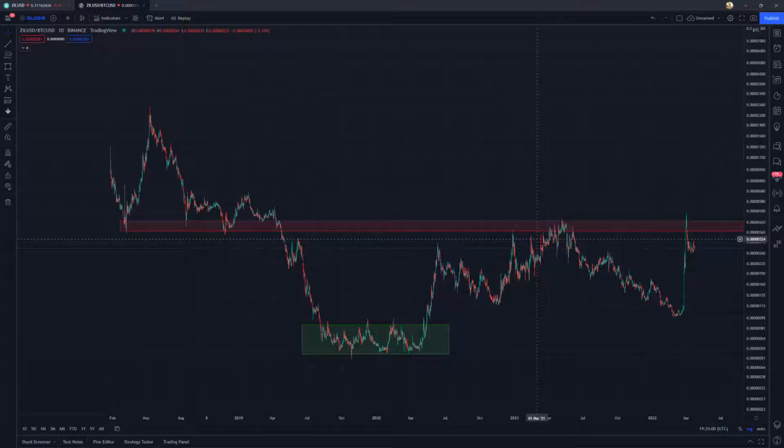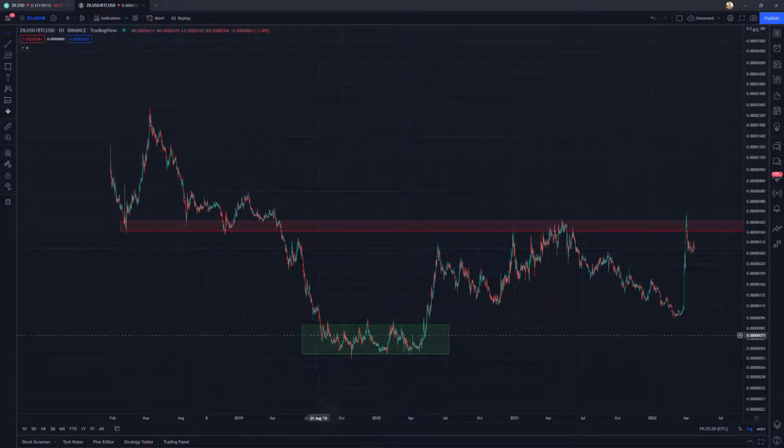Specifically in 2021, where we were turned around, but also if we go back a few years, this level was very significant. We bounced off it several times before entering the bear market. So in March, and then again in August, and then again in December, and then ultimately we fell below it and fell into this new zone, which was a long-term accumulation phase.